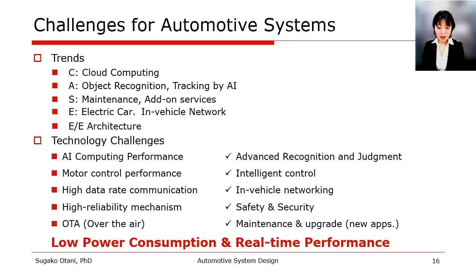For example, AI computing performance for advanced recognition and judgment, multi-control performance for intelligent control, high data rate communication for in-vehicle networking, high reliability mechanism, safety and security, and over-the-air for maintenance and upgrade to get new applications. The next section describes how these challenges are addressed with the requirement for low power consumption and good real-time performance.